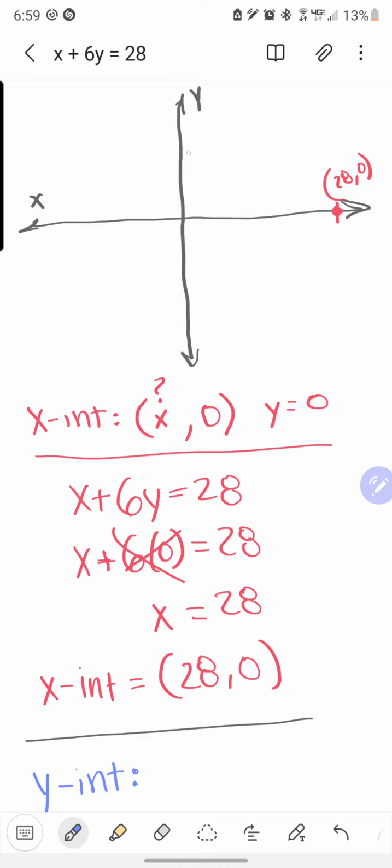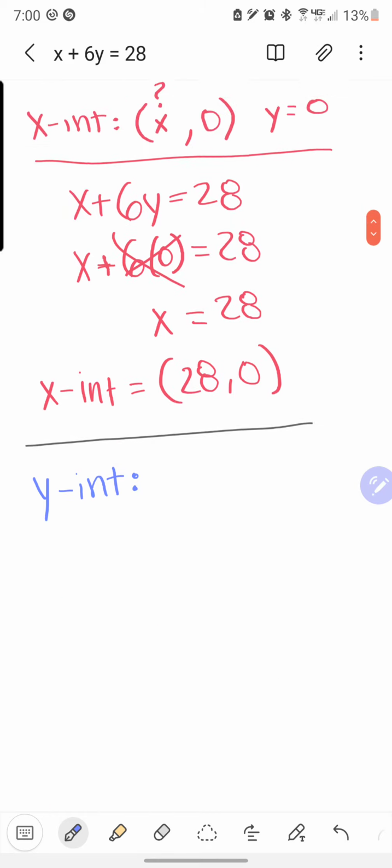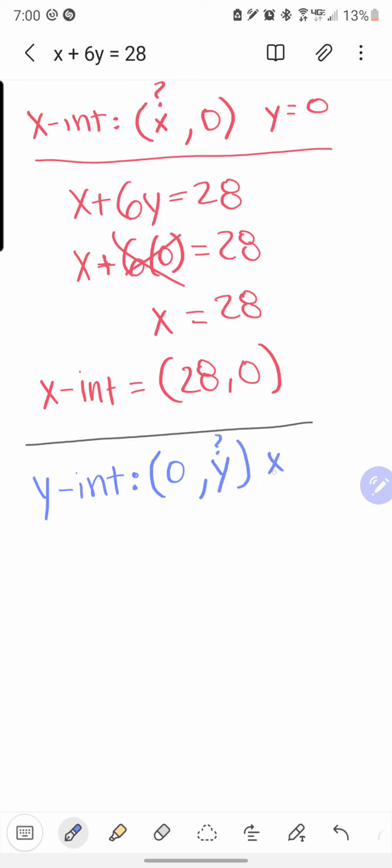We do know the x equals 0 for the y-intercept. So we do know the x is 0, but we don't know the y, so we're going to find out the y. I can also put x equals 0.